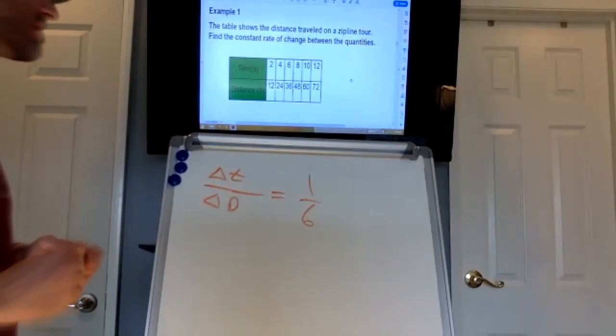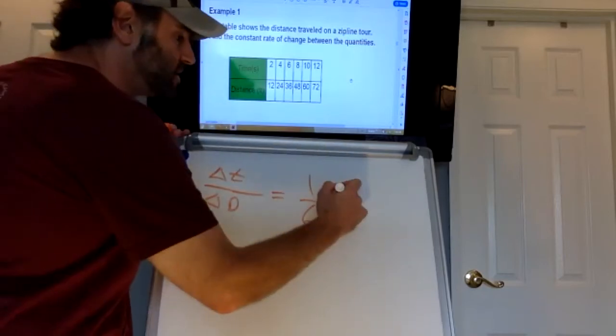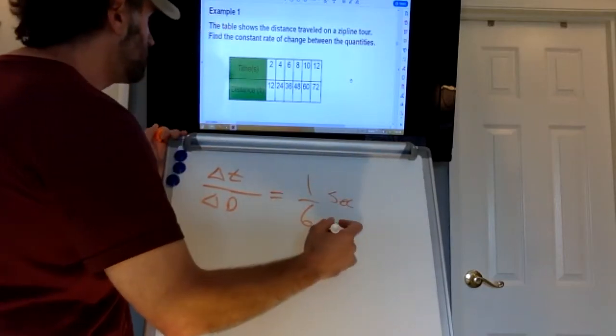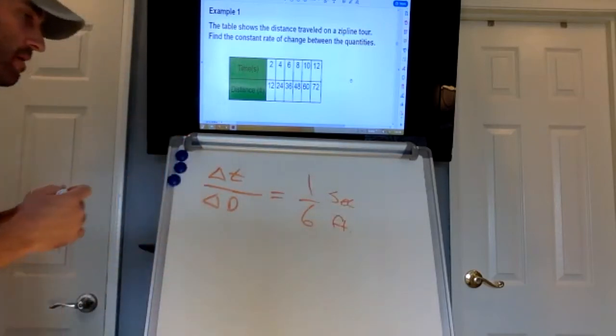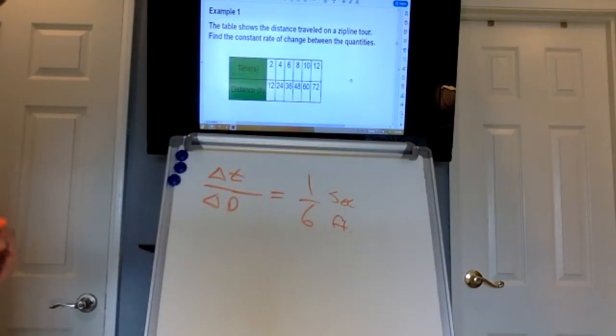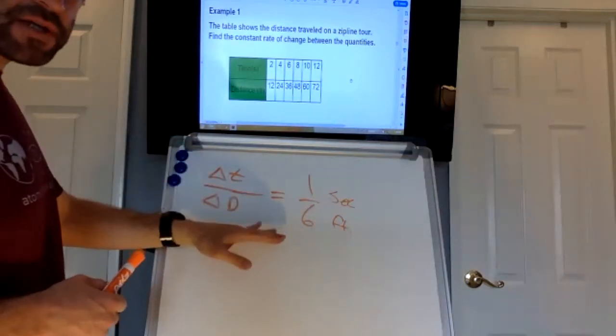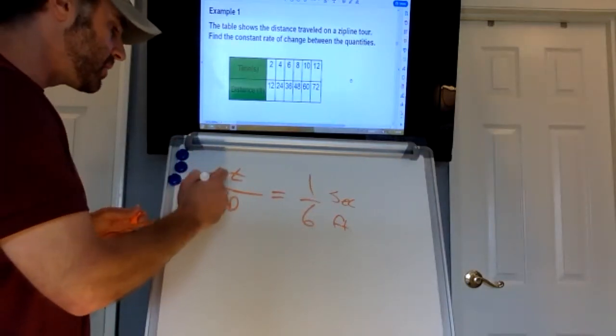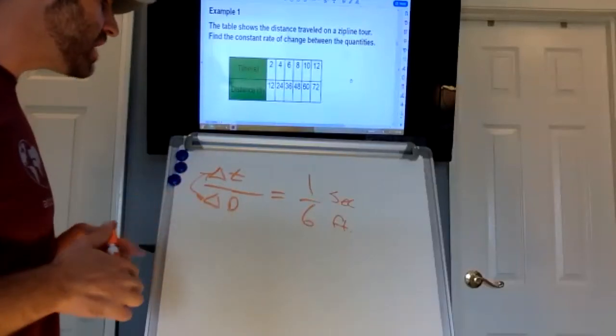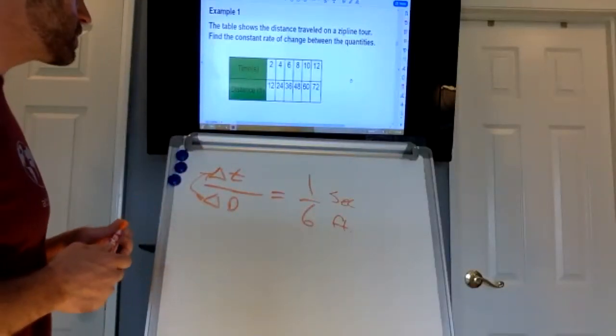Oh, those are just units. So this would be 1 second every 6 feet. But this is not how I would have expressed the answer. I would have switched these, the reciprocal. I like to do the change in distance with respect to the change in time.